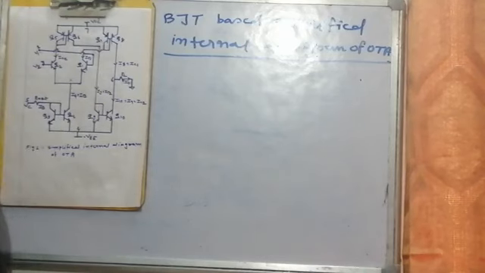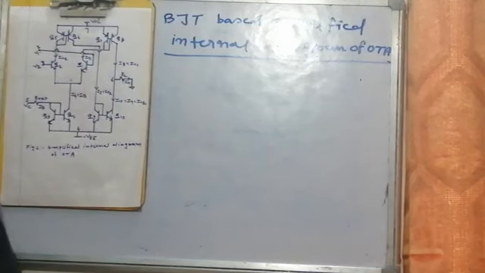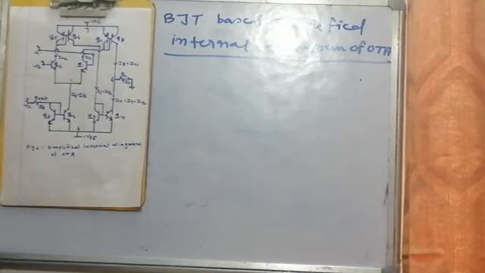So here I am assuming the value of beta of all transistors is infinite. And if beta is infinite, the collector current is equal to the emitter current.